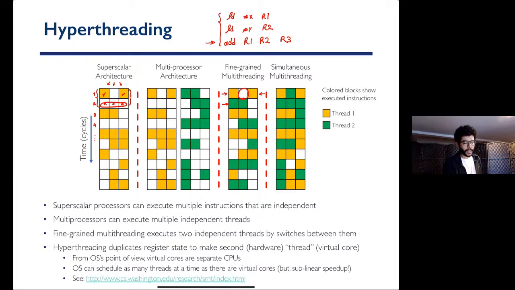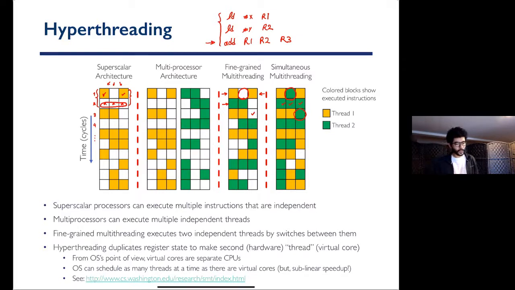I can schedule an instruction from thread 1 here, and then next cycle I have all the resources given to thread 2. Next cycle I can execute again this empty cell that I had here. I can now execute something from thread 2. Now this gives us the highest utilization possible.